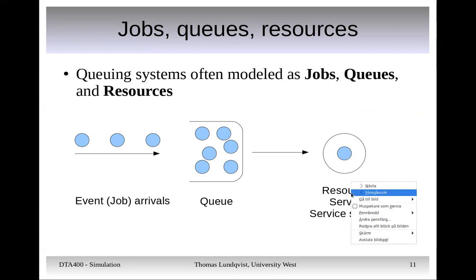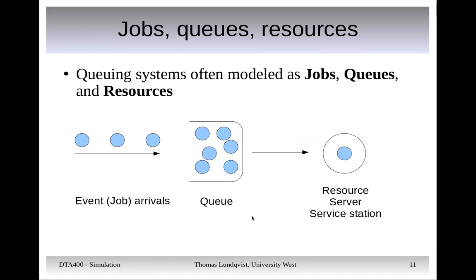If the service station is really fast, you will seldom end up with a large queue. But if the jobs arrive quite randomly, it might be the case that many jobs arrive in a very short time, then you actually need the queue to handle the burst. Because the server might be quite fast, but more regular and not super fast.